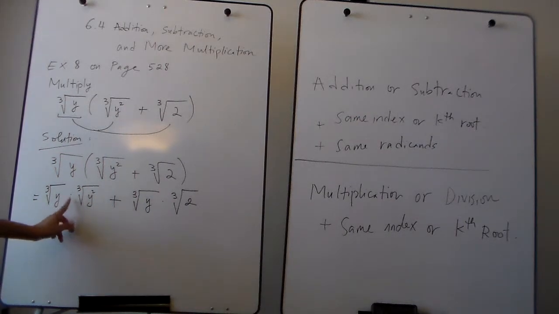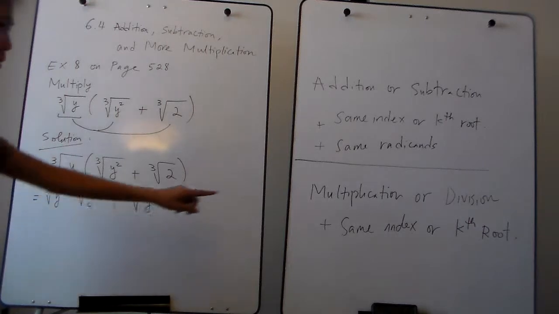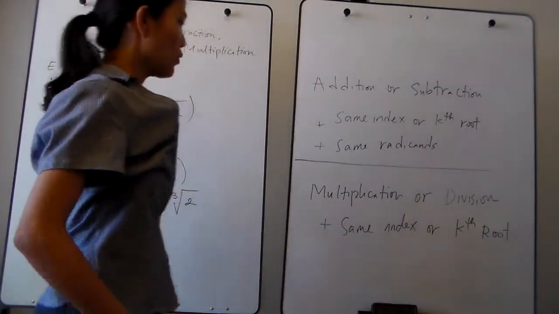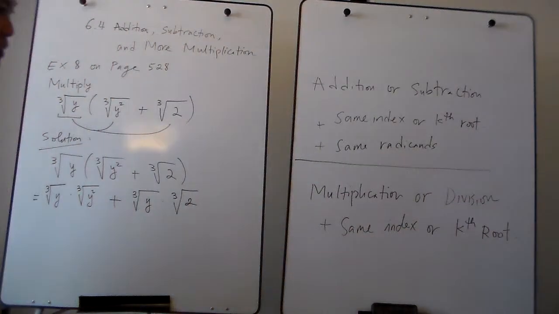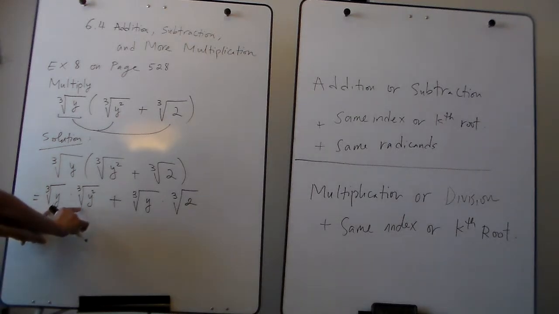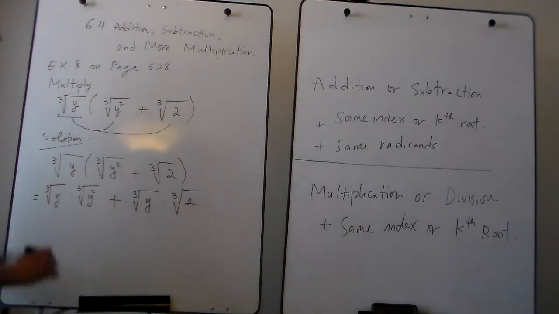Now, these two factors are a multiplication of two radicals. Remember, for multiplication or division, you only need to have the same index, or k root, when you are multiplying or dividing the two radicals. As you see, these two radicals have 3 as the index, so they have the same index.